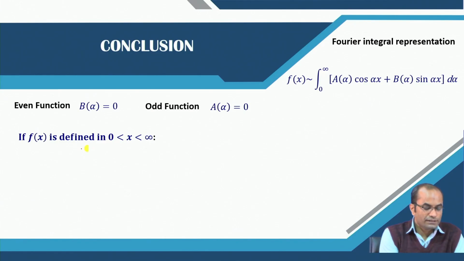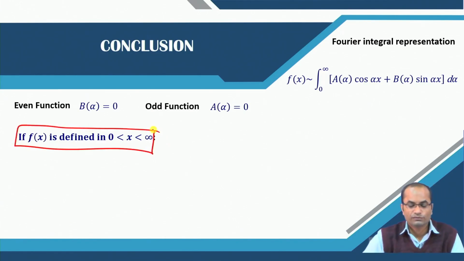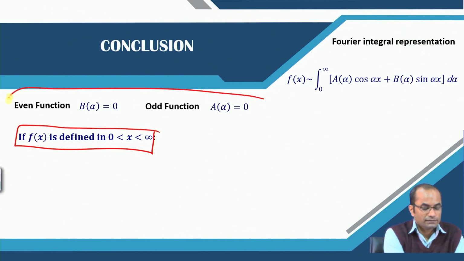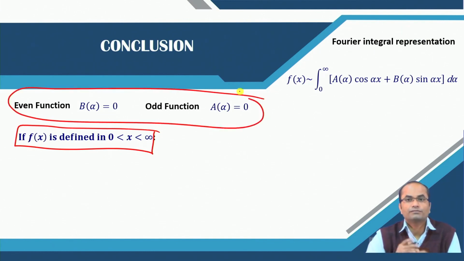What was interesting here is that f may be defined only on 0 to infinity. In the earlier case, the function was defined on minus infinity to plus infinity, and if it is given or we notice that it is an odd or an even function, then the calculations can be simplified to have representations which carry only the cosine term or only the sine term.